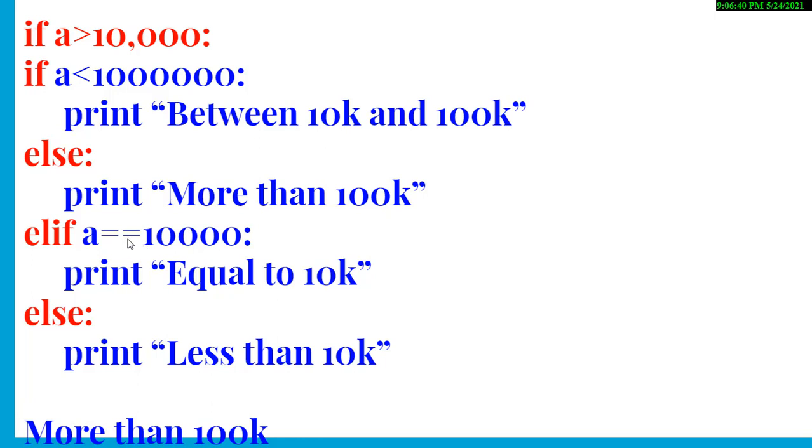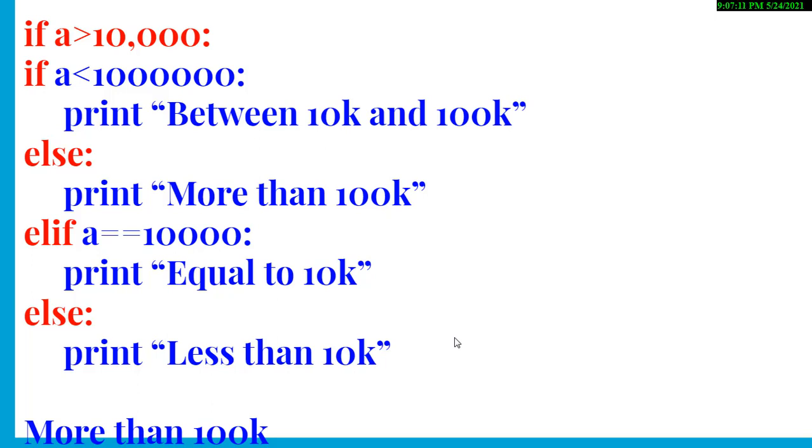If A is equal to 10,000, print equal to 10k, else print less than 10k. So this is how they have given the conditions. And whatever the output is, you are able to see the output as more than. With this the if statement is over. In the next part we shall be seeing the for loop.